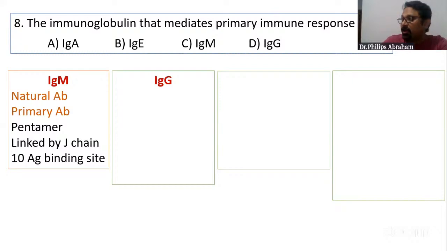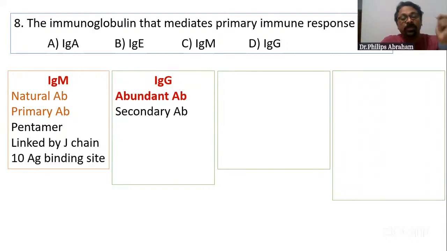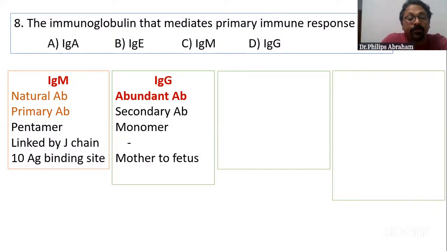Then another one is IgG. IgG is the predominant one, the most abundant antibody in our body. It's the secondary antibody, produced after IgM. IgG is a monomer, and since it is a monomer, there's no need of a J chain here.